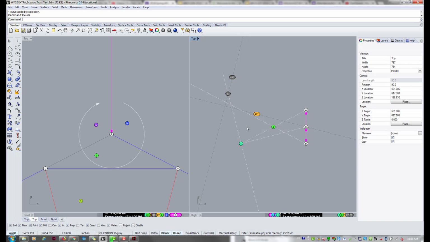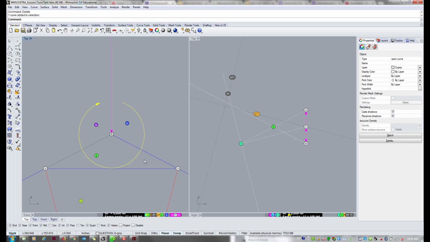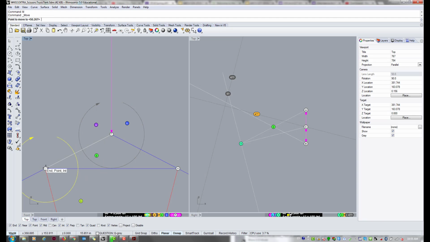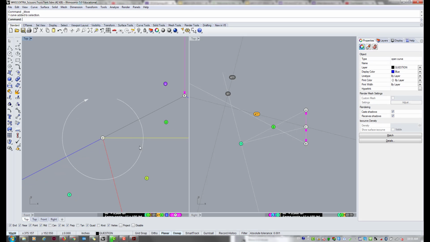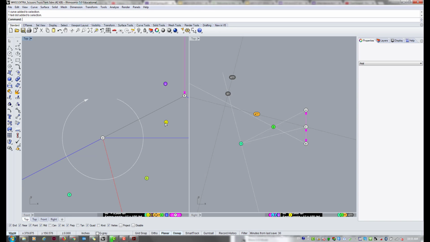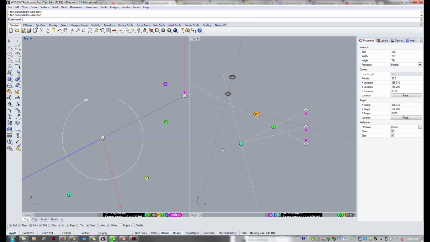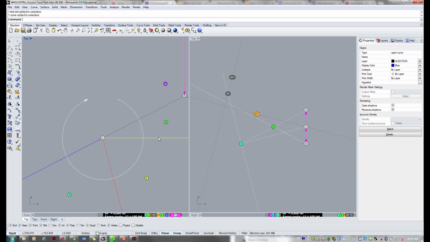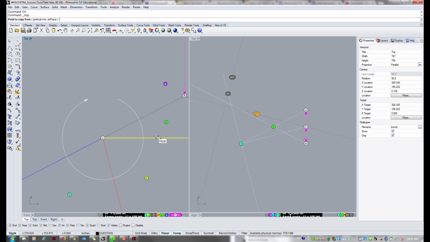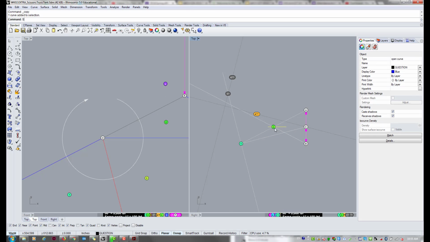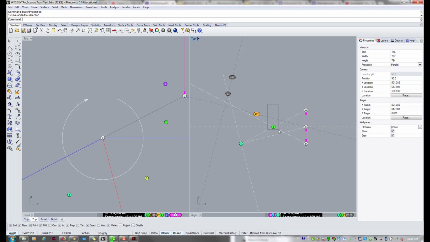But let's just rewind to that point. So this member was between 2 and 3. So that means there must be a force starting from point 2 and ending at point 3. Point 3 we don't know yet, but now we have located point 2.